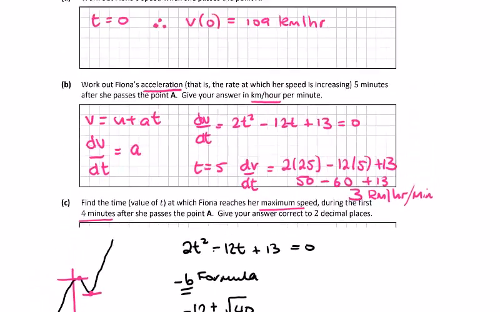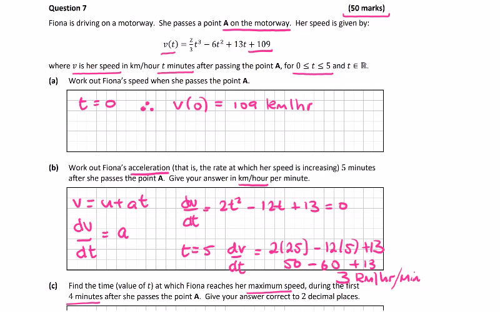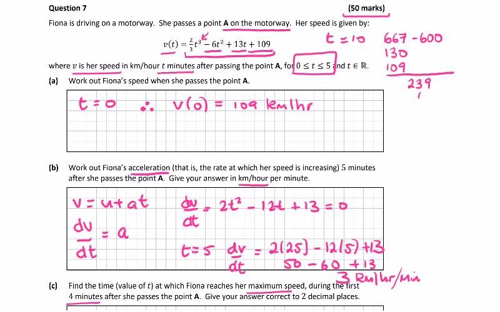Now you would be expecting a question like this to just have some idea of what this looks like, starts low, ends high, but I just put t in. Why are they only giving us between 0 and 5? Well, if we put t is equal to 10, we're going to get 2/3 of 1,000, that's 667, minus 600. Then we're going to get plus 130, and plus 109. So we're going to get 67 plus 239, which looks like it's 306.